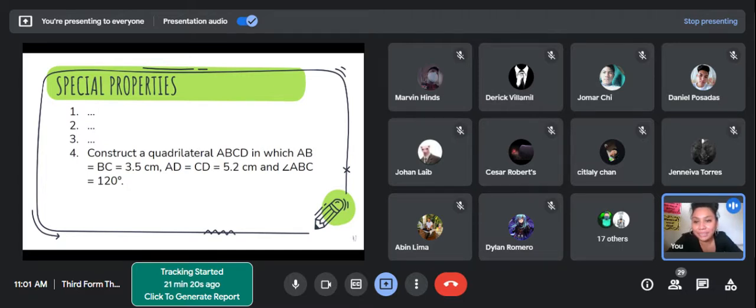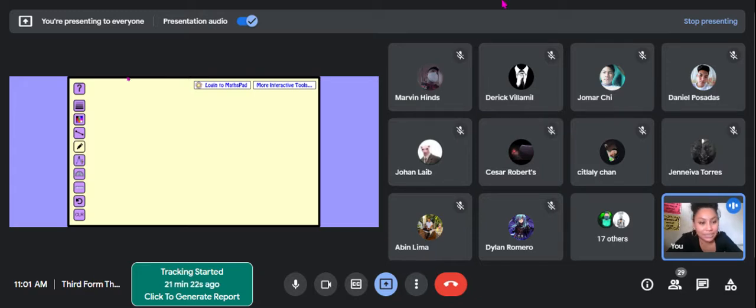Let me share this instead, my math pad. We are going to draw line AB first. So I want you guys to draw a line that measures 3.5. Take your ruler and draw 3.5.